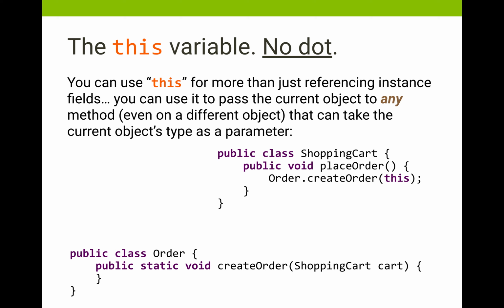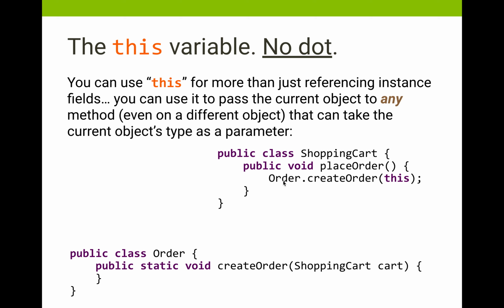Now, this variable with no dot whatsoever, what are you talking about? You're confusing me. This right here, this with no dot, is the address of the object that I'm talking about. So in a shopping cart class, I can call an instance method, notice no static here, place order.